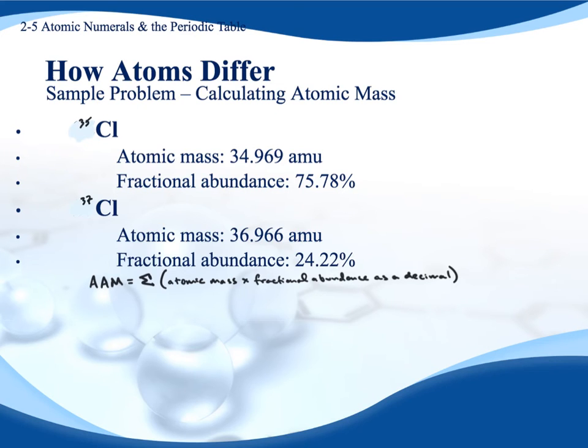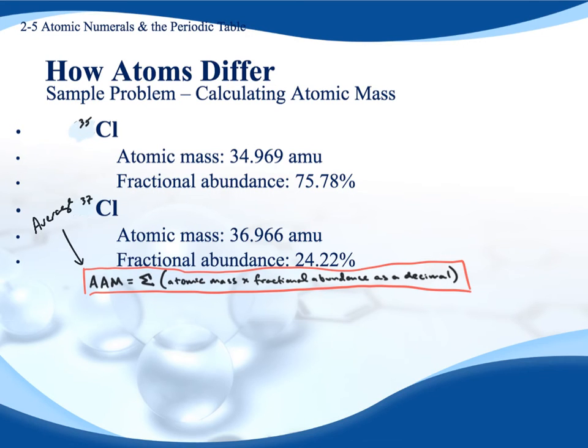What we are going to use is this equation right here, and make sure you get this down. I know it looks scary because there's at least one thing in here you haven't seen before, but it's really not too bad once you get used to it. AAM stands for average atomic mass.